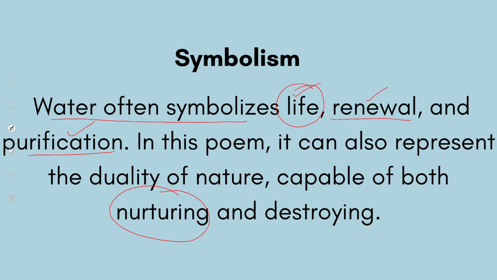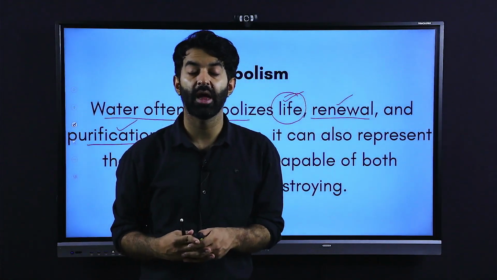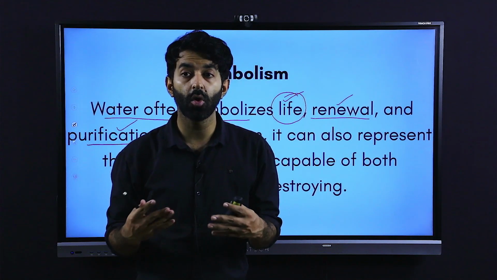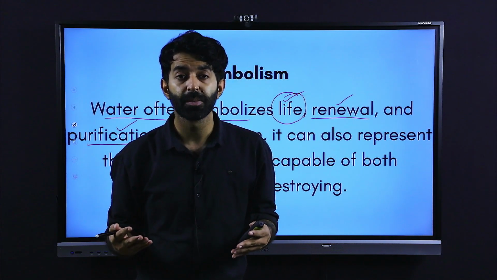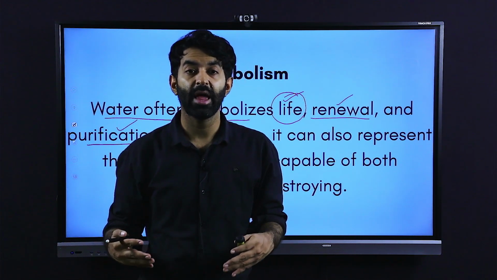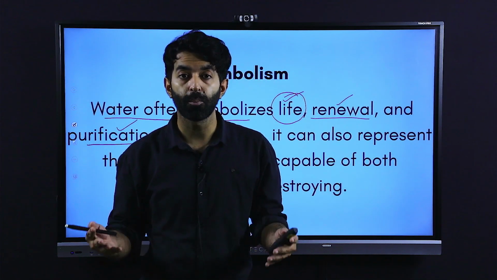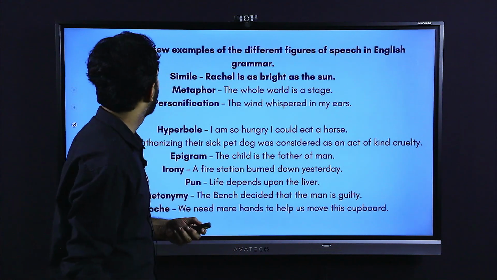So the nature of water is dual. You can see that the duality of nature is presented through water. Water is a symbol of life that we always use in our writing and in our speech. So the poet uses it perfectly and uses different symbols that are actually beautifying and clarifying the meaning of the poem.